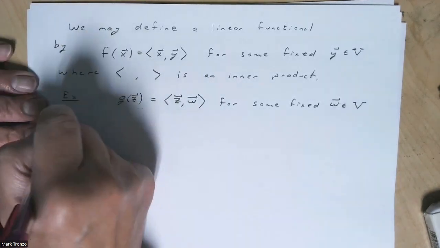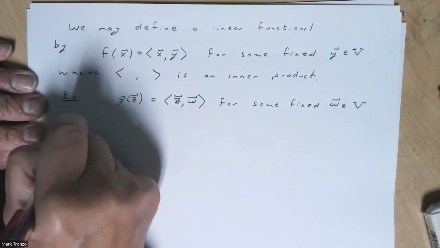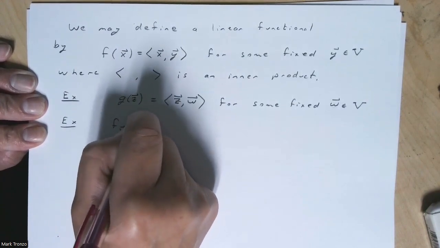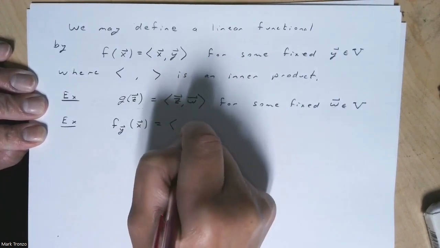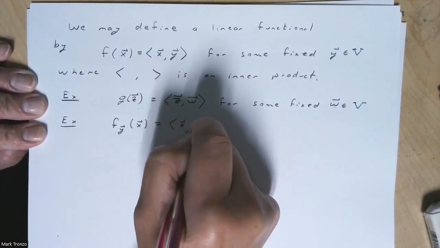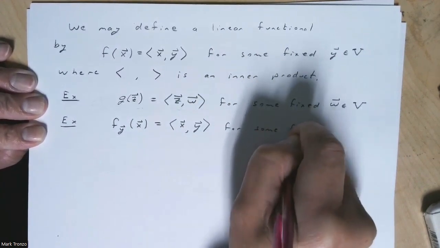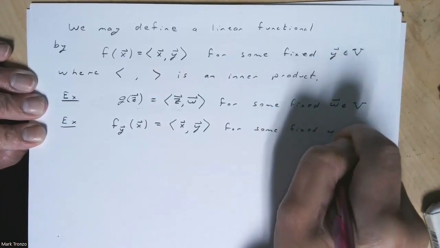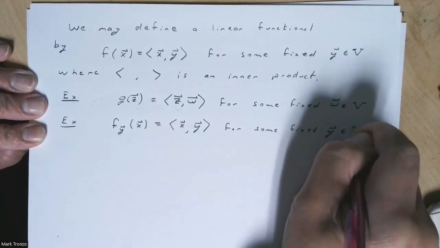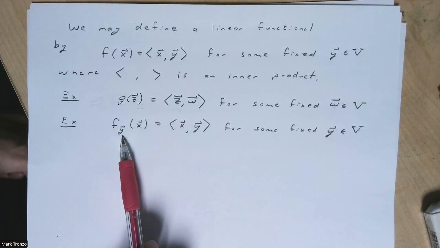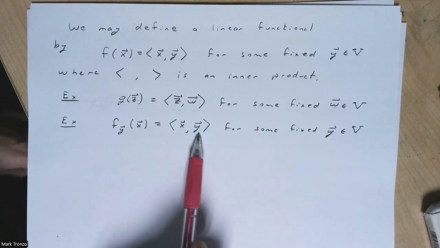And sometimes they might even define them this way: you might put a little y as a subscript, f sub y of x equals the inner product of x and y, for some fixed y in V. A lot of times they put the subscript to say what the fixed vector y is.